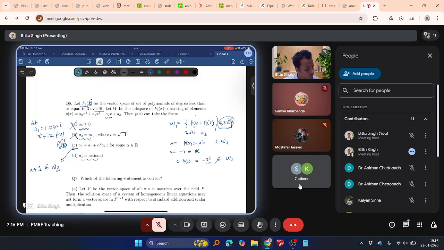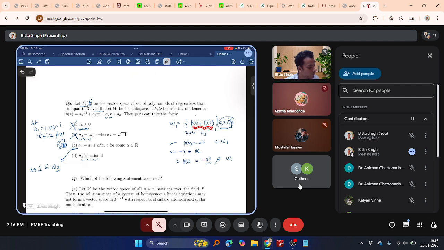So I am saying that we are taking this P(x) from polynomials which satisfies this condition, and corresponding to C, I am denoting the set by W3. You can see x plus 1 belongs to W3 because A3 is 1, which is rational. Sorry, not this. A3 is rational. So this belongs to W. Instead of W3, let me denote it by W4.